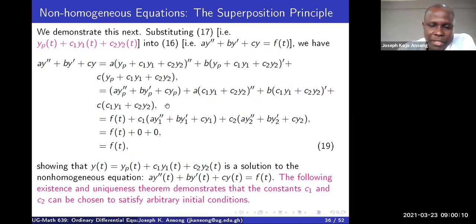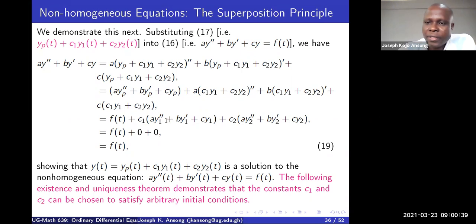Note that yp is a particular solution to the non-homogeneous equation, which means that this expression has to be equal to the right-hand side of the non-homogeneous equation, f of t. These three terms, I can expand them and then pull out the c1 and c2 terms, and that gives me c1 times (a y1'' + b y1' + c y1) plus c2 times the corresponding expression for y2.